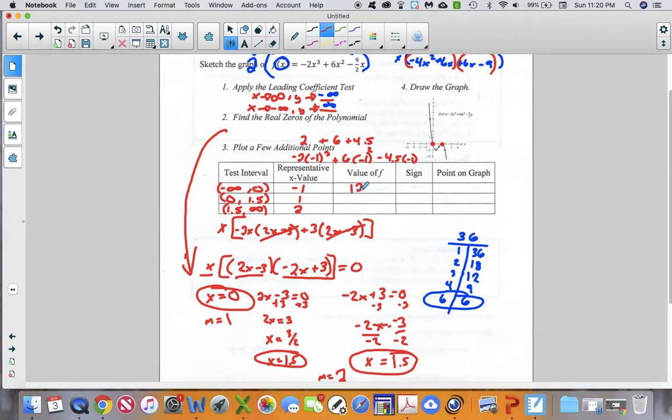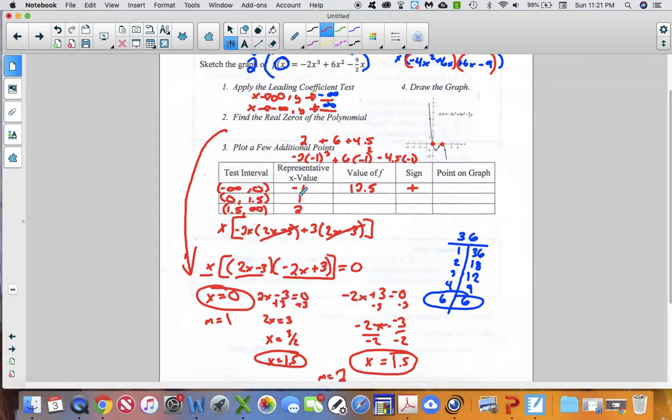So he's all the way up at the top, positive 12.5. Since 12.5 is positive, my graph is above the x-axis to the left side of 0.